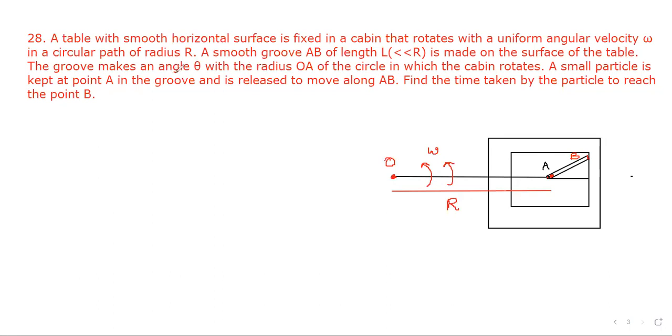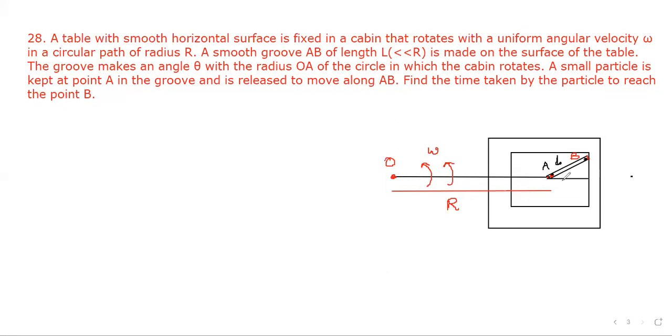The groove makes an angle theta with the radius OA of the circle in which the cabin rotates. A small particle is kept at point A in the groove and is released to move along AB. Find the time taken by the particle to reach point B. The particle is here. It has to reach point B. This length is L. We have to find the time.